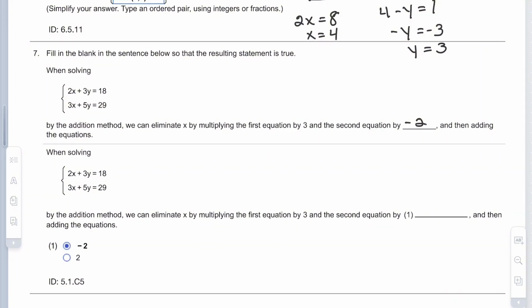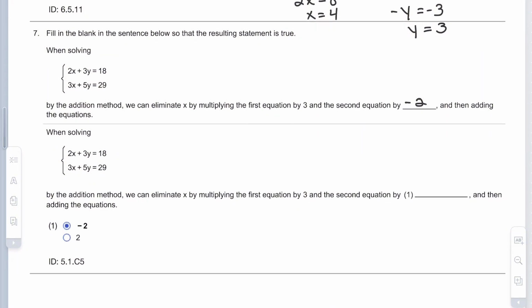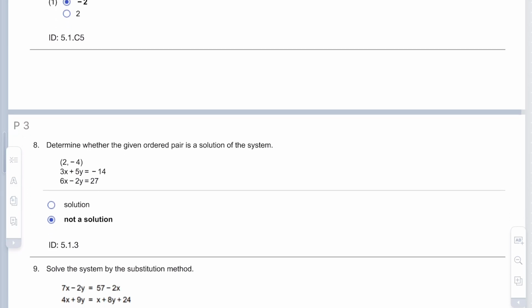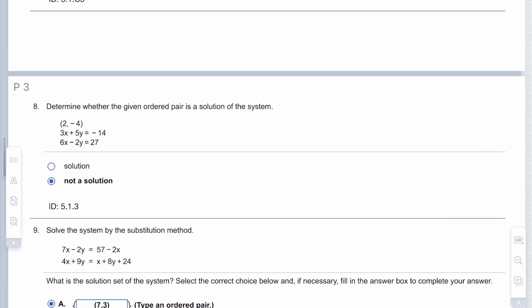And then you want to just fill in the blanks, right? So that's pretty straightforward. Here, if you read the question, you're just substituting the values in to see if it's a solution or not.